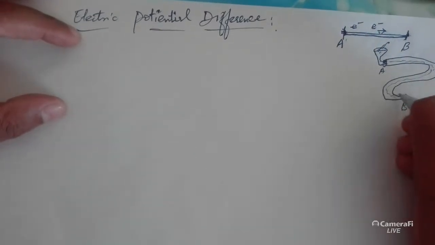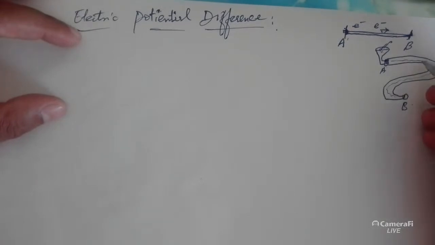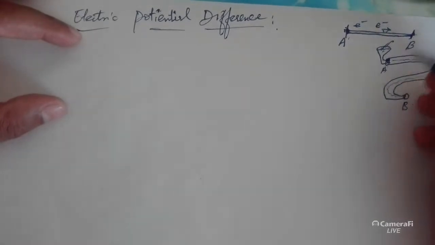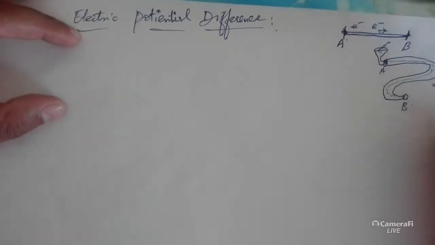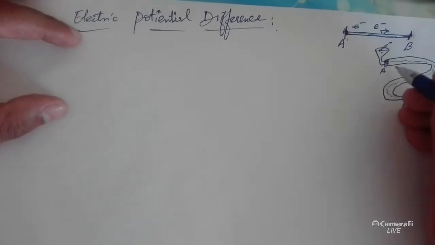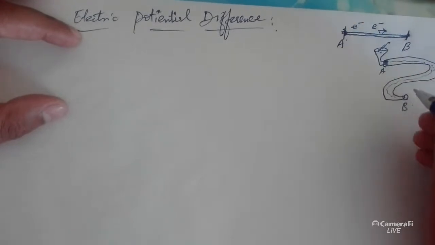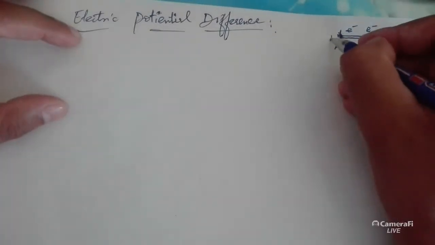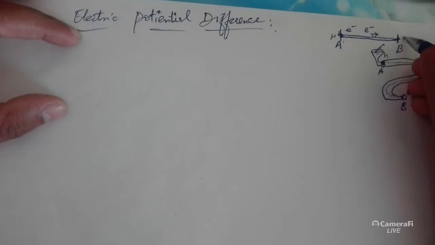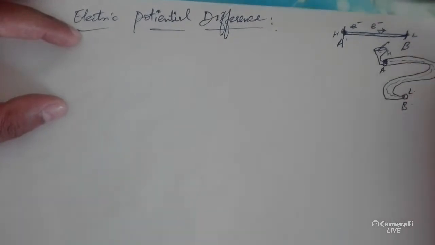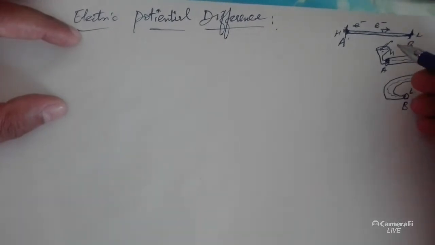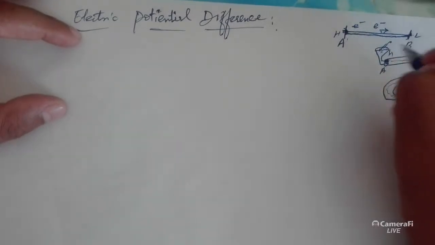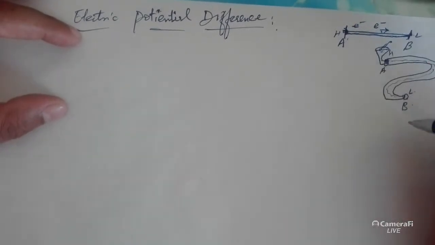Yes, some push and pull is there, because of which the water flows from point A and reaches point B. It is only possible when there is high pressure on one side and low pressure on the other. Here we have low pressure and here we have high pressure. Same here, at point A we have high pressure of electrons, at point B we have low pressure of electrons. So you understand? That is why it will move from the high pressure to the low pressure.